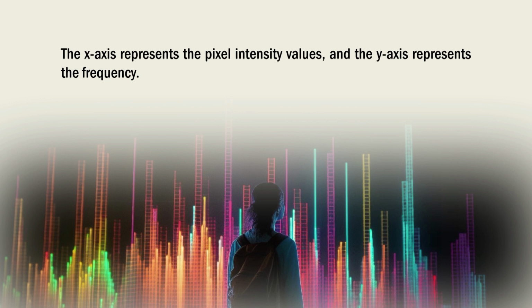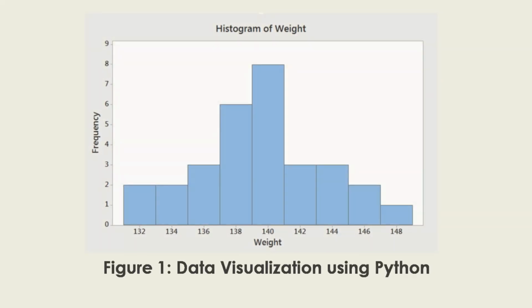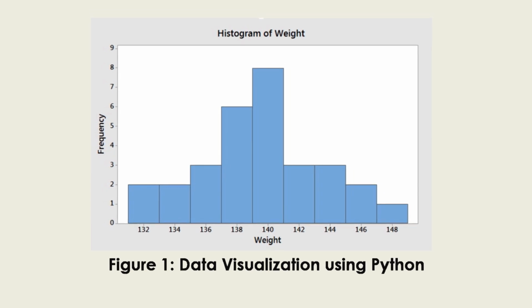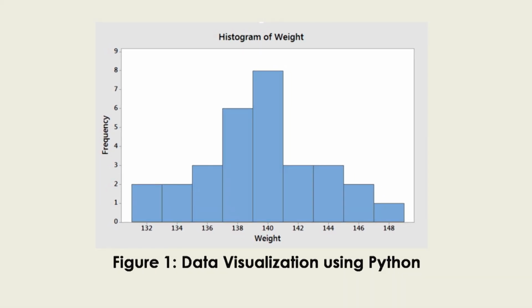It means the number of occurrences. In this figure 1, we can see data visualization using Python. In this figure we can see that there are two axes, x-axis and y-axis. The x-axis represents the pixel values and the y-axis represents the frequency.